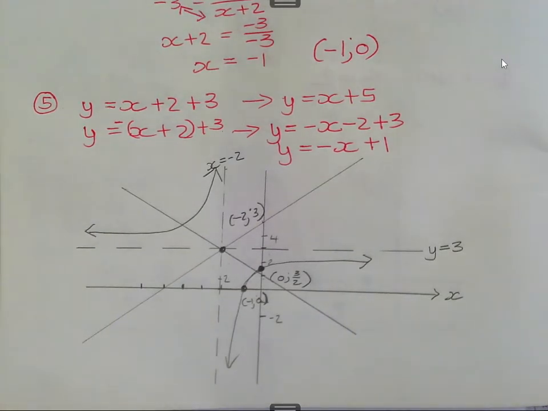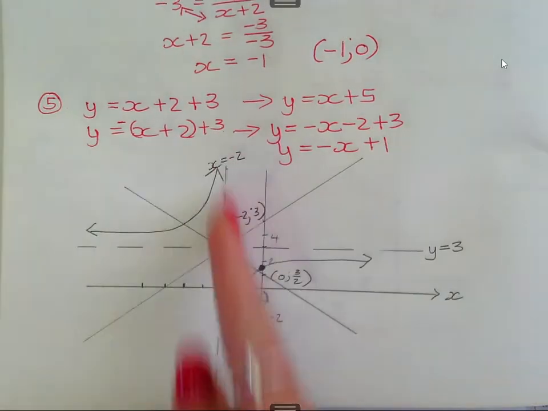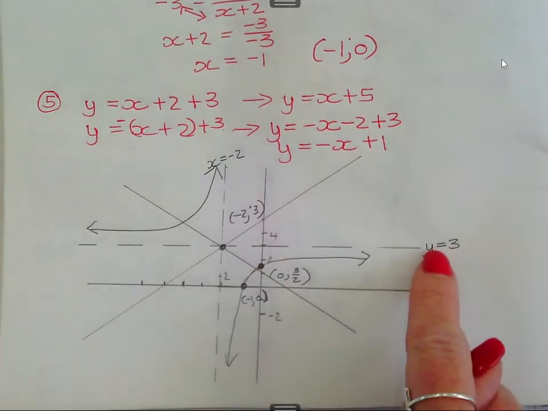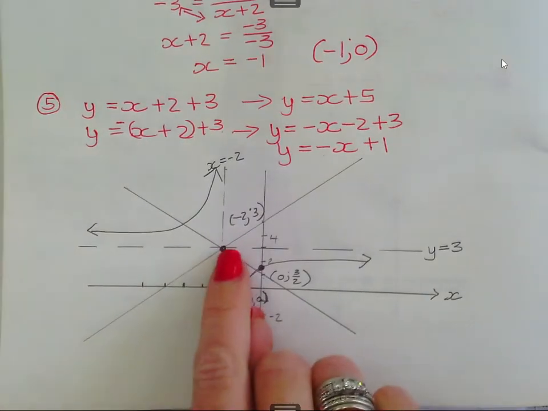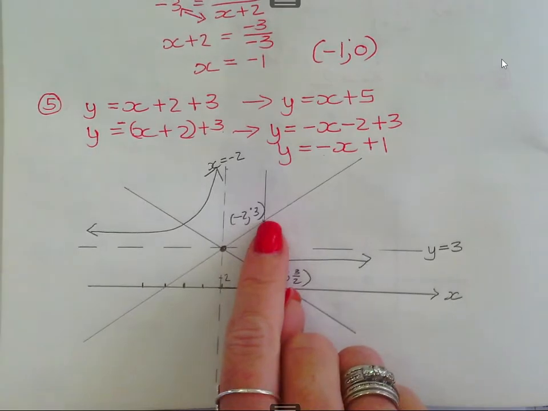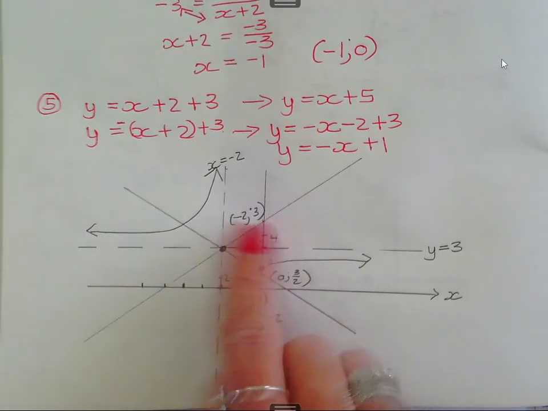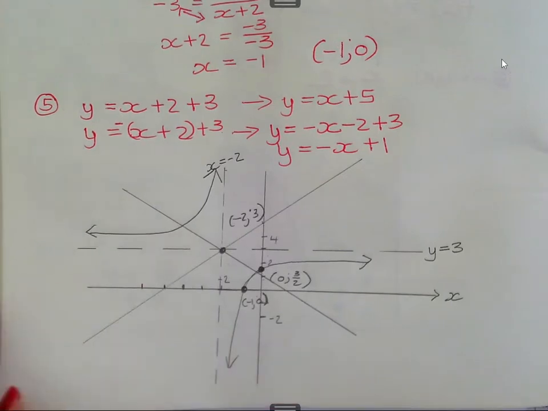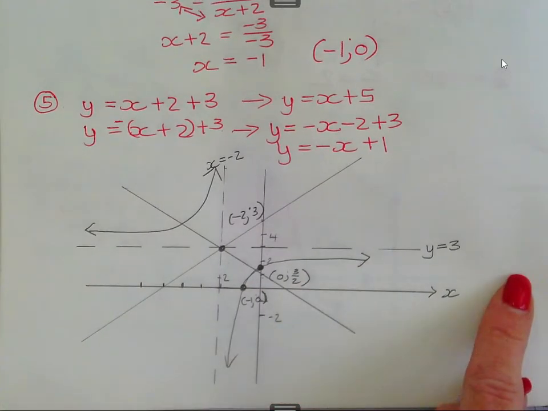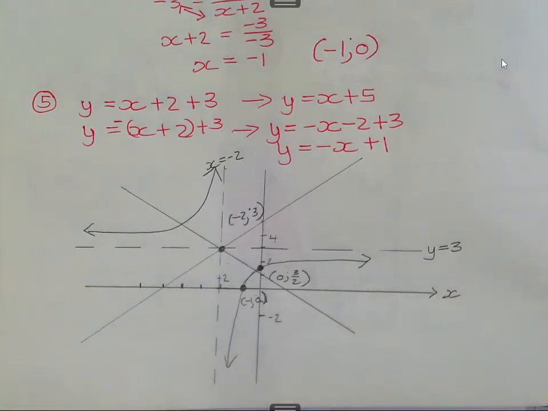I've given you the value of the two asymptotes together. Do you see that? If I tell you that's the point -2 and 3, that means your one asymptote is x equal to -2. The other asymptote is y equal to 3. Make sense? Okay. Now we are going to draw an exponential function.